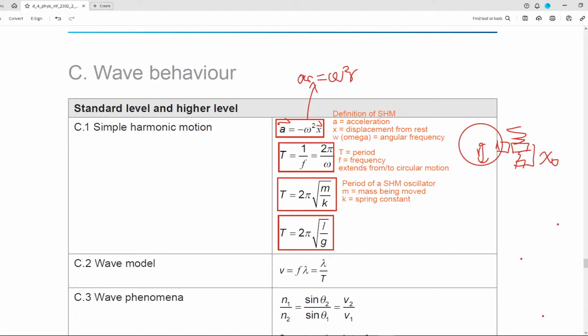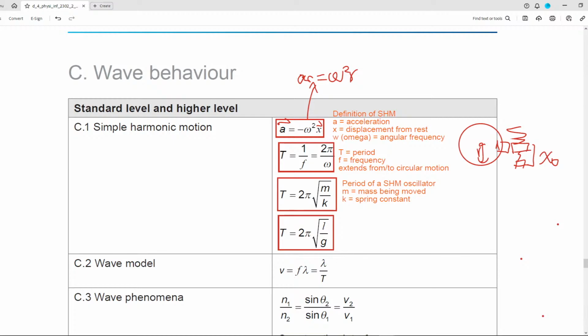Because numerator and denominator both have mass, the mass actually cancels. So if you look at the second formula, which is the period of a simple pendulum in small angles, if you're ever asked a simple harmonic motion question regarding a pendulum calculation, it'll always be a simple pendulum with small angles.